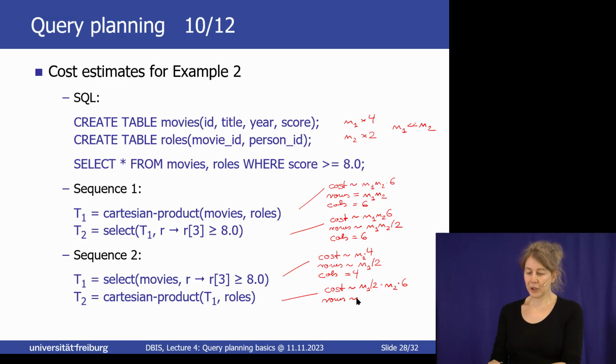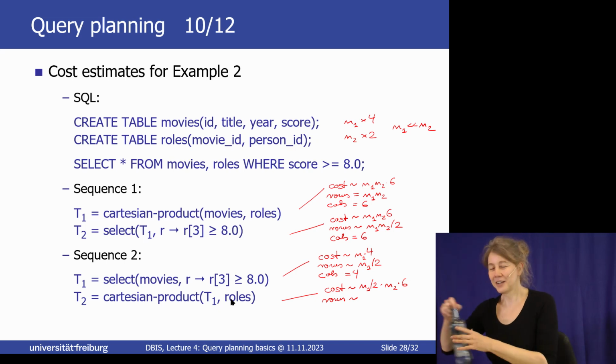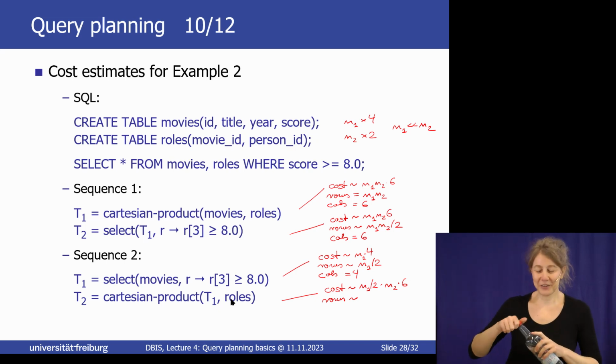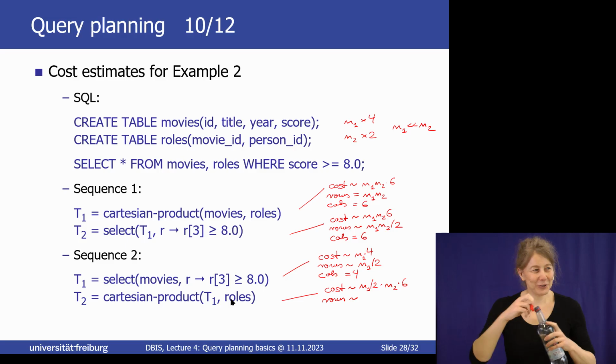What's the row estimate? It's difficult. Somebody else maybe? What's the estimated number of rows? So now I need the estimate for rows of T1, and for rows I know it. Chat? Or somebody here? It's a typical exam task, so you will have to train for this a little bit.